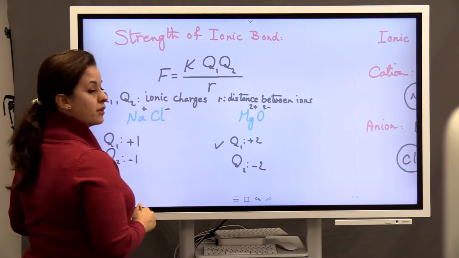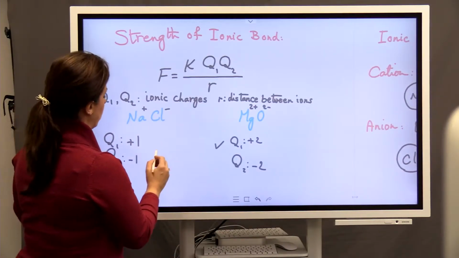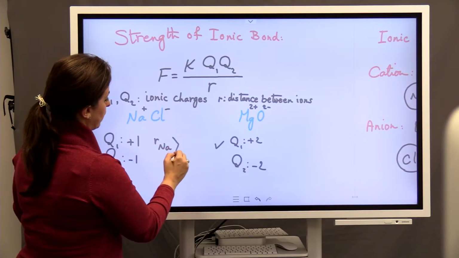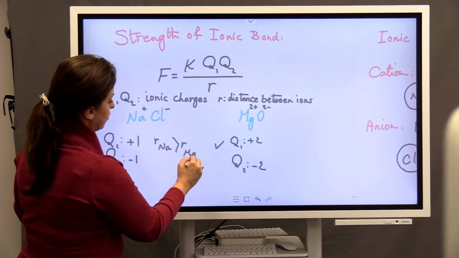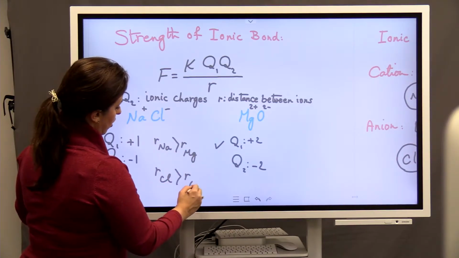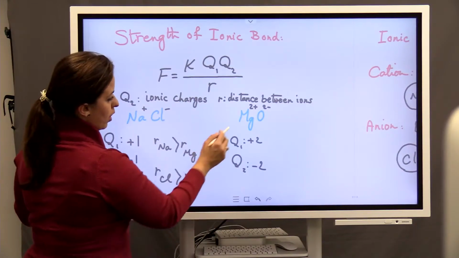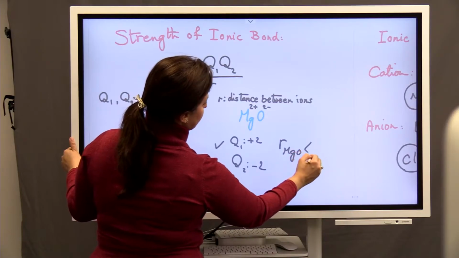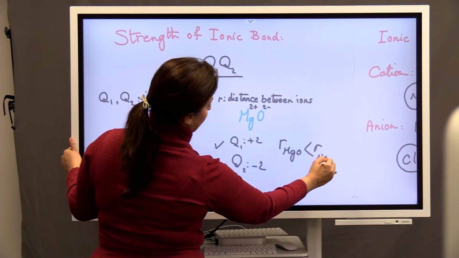And you learned from radii, the radius of sodium is more than the radius of magnesium, and the radius of chlorine is more than the radius of oxygen. So R in magnesium oxide is smaller than in NaCl.